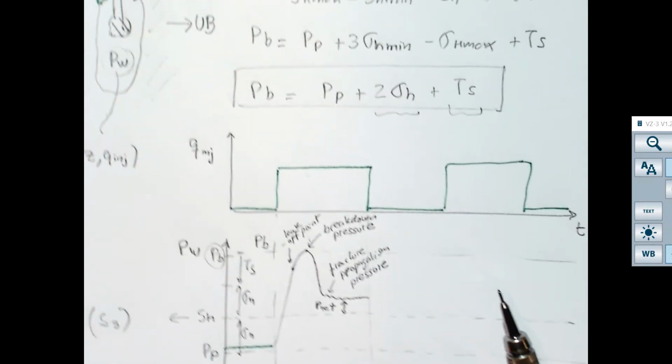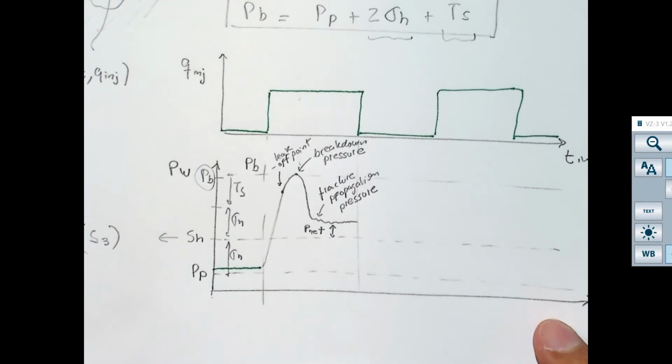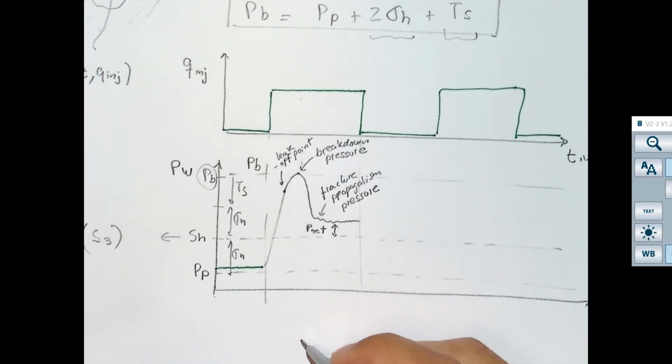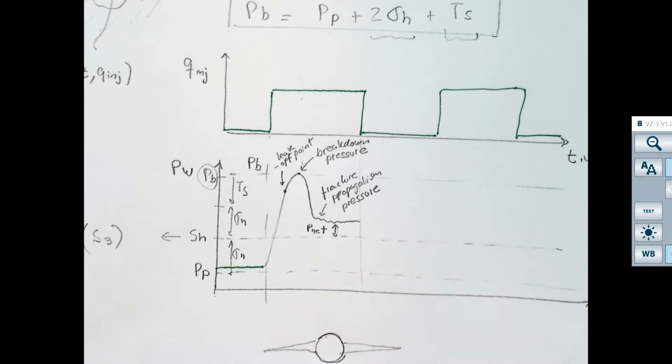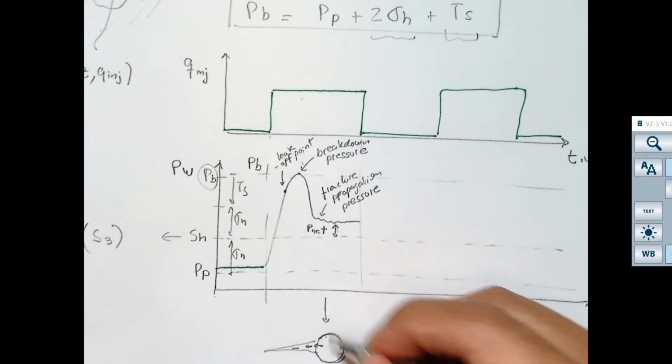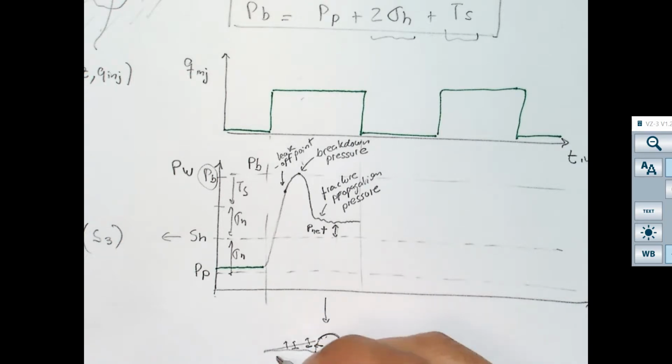Because at this point you have a wellbore and you have a full-grown fracture, and you were pumping, and some of the fluid was also leaking into the formation through the fractures.